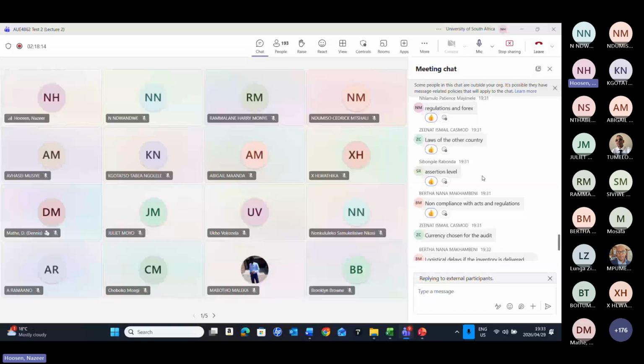Yeah, okay. And I see that when you speak of the assertion level, you're going into another element. Now I see Sibongile also has a thumbs up, and she's indicated the assertion level. Could I get elaboration on the assertion level? What typical type of required would you see where this would fall underneath when we talk about assertion levels?